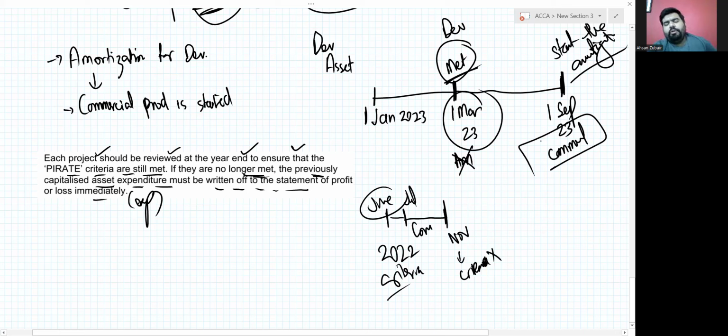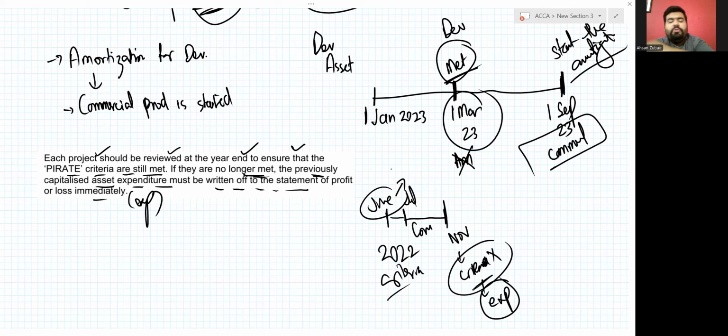One point is now not properly in line with the favor of development. One criterion is not met. So at this point, you will make the complete capitalized amount an expense. You have capitalized some amount, the development cost as an asset, and that will return to expense, and now you will write it as an expense.